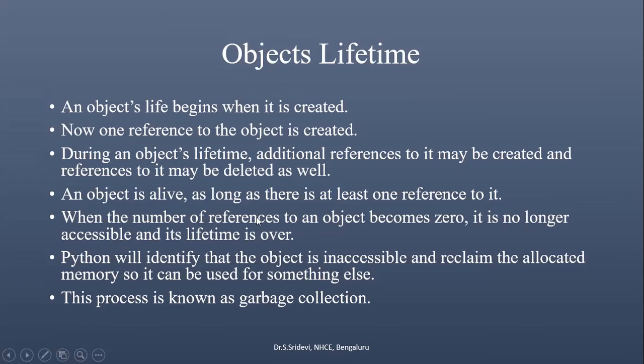The Python interpreter will identify the objects that are inaccessible, and whatever memory was allocated to that object will be reclaimed and returned to the free memory space available. Because of this, if any other object needs memory in future, we can allocate memory to it. This process is known as garbage collection in Python.